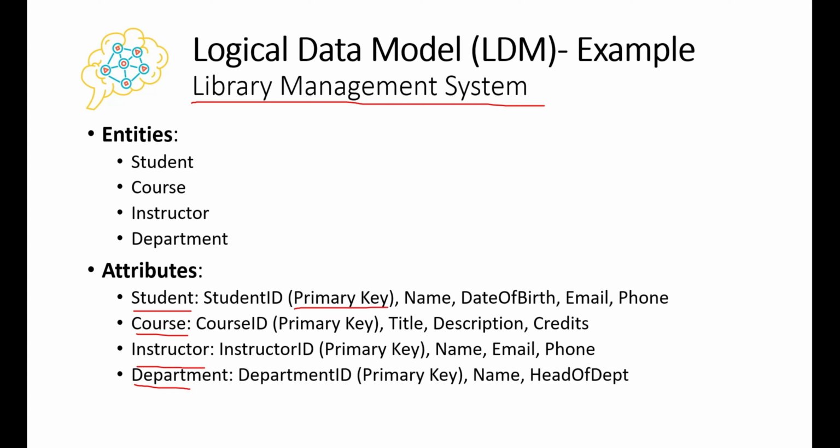But the important thing here is that we have already made the ID columns primary keys. If you compare with the conceptual model, we had not identified any primary keys. But when we come to the logical data model, it makes sense to create primary keys to uniquely identify each row in the tables.